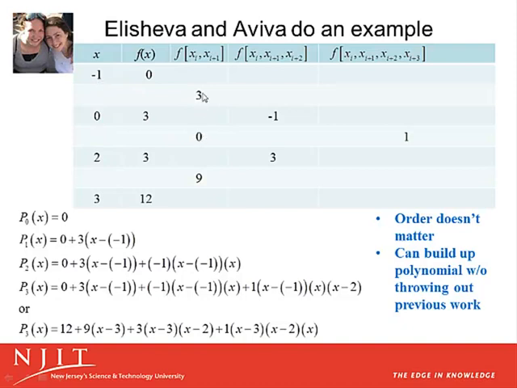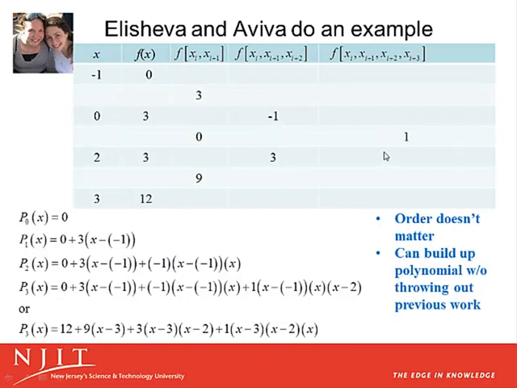So we get 0 minus 3 divided by 2 minus negative 1 to give us negative 1. And over here we take 9 minus 0 divided by 3 minus 0 to get the 3. And finally we take the 3 minus negative 1 divided by 3 minus negative 1 up here, again the most outer x values that you've used. So 3 minus negative 1 over 3 minus negative 1 is 1.